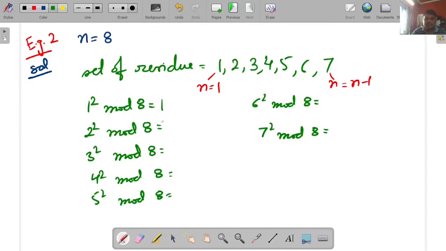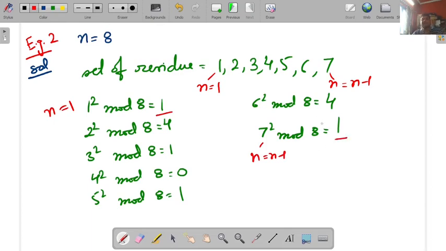So here we get 1, 4, 1, 16 is 0, 25 is 1, 36 is 4, 49 is 1. Now you can see that at n is equal to 1 you are getting 1, correct. At n is equal to n minus 1 you are getting 1, correct.